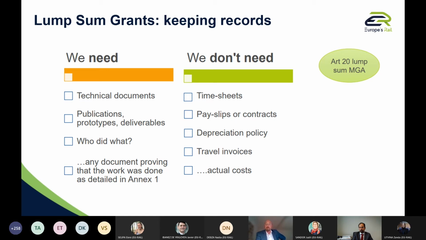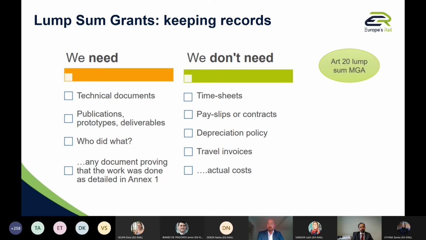The GU, together with and supported by the experts, will assess again at proposal stage the consistency of your proposal and of the allocation of work and the costs that you have introduced. I will enter more into the details after. So this will define the lump sum grant amount value.